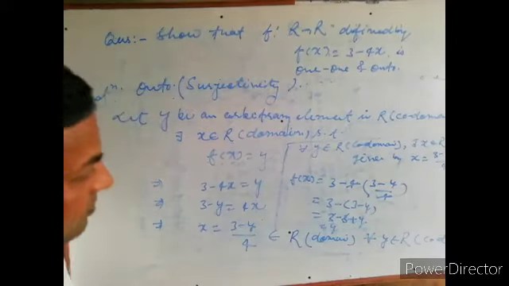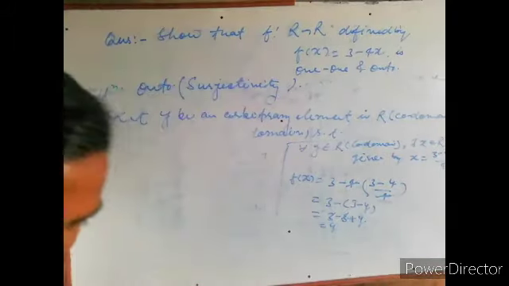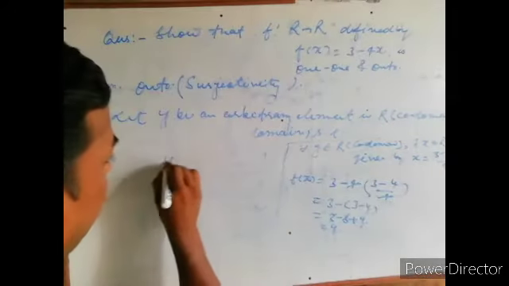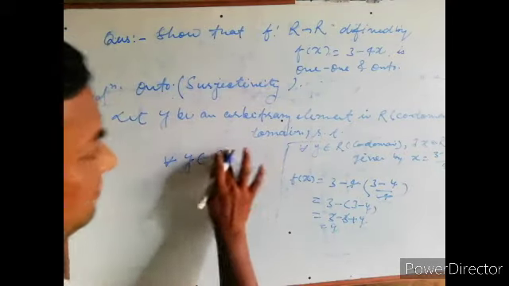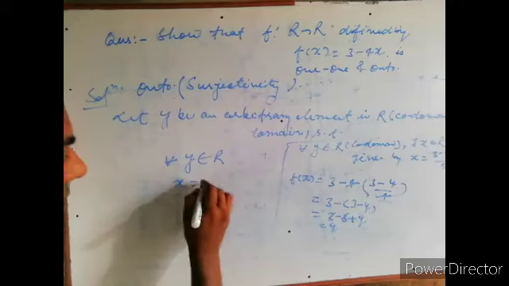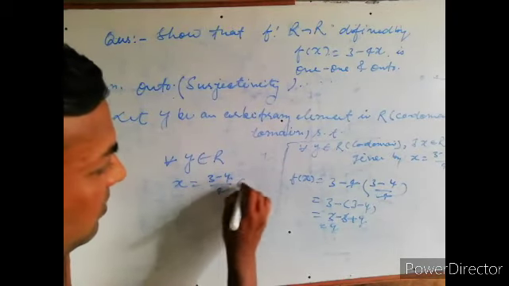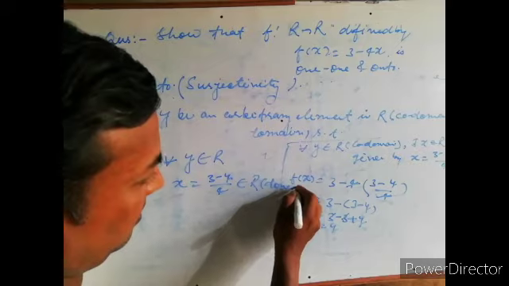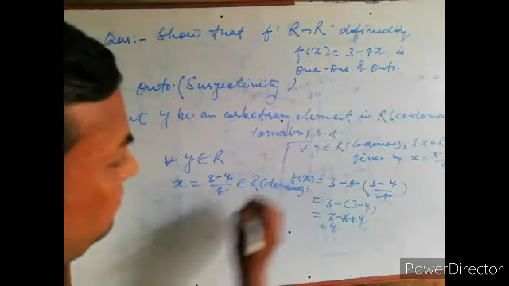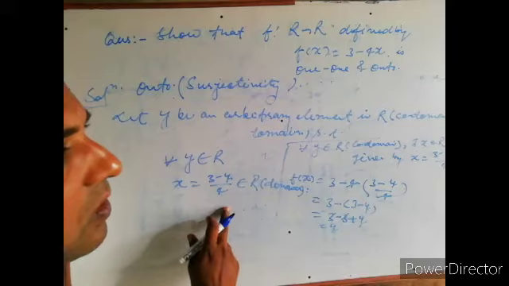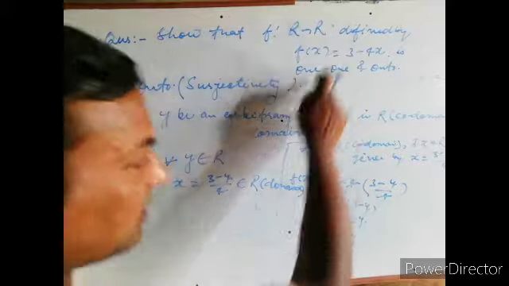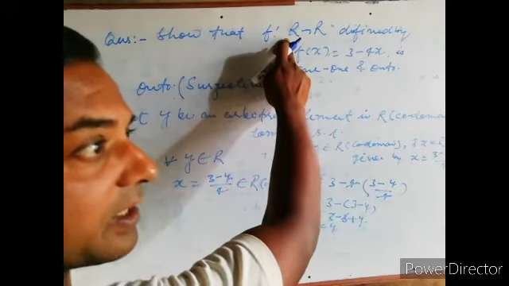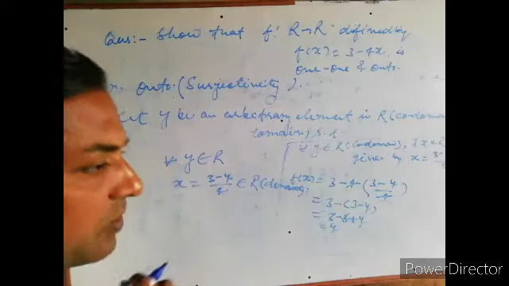Means for y belongs to R, that is codomain, we obtain x is equal to (3 minus y) upon 4 belongs to R, that is domain. This shows that all elements of set R, that is codomain, have its pre-image in R, that is domain. Hence, this function f is onto function.